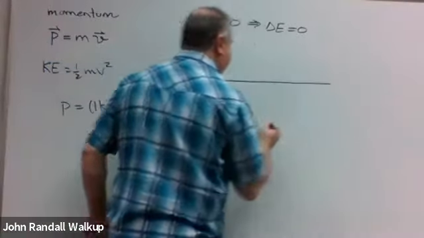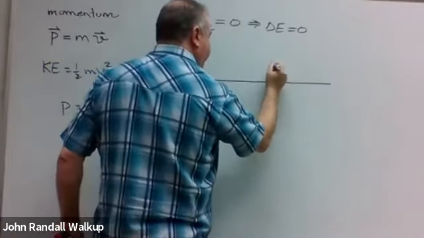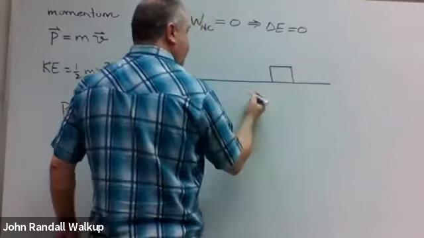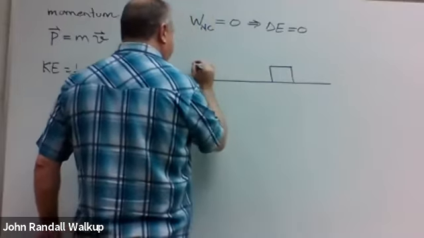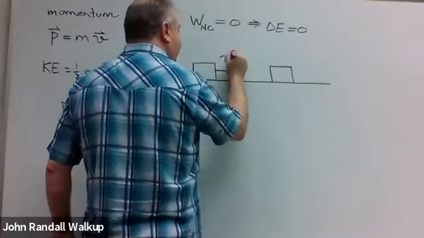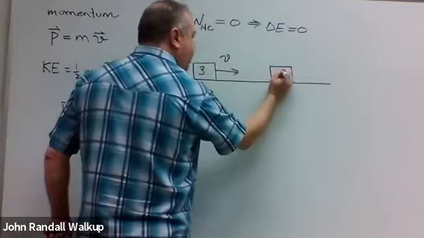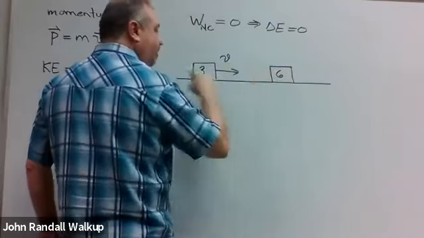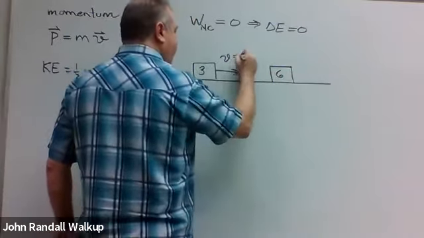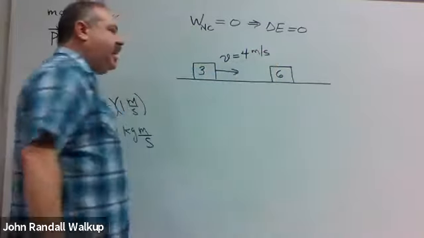What we're going to have is a body sitting here, and I'm going to hit it with another body. This body is going to be traveling at some speed v. Let's just go ahead and give these values: 3 and 6 kilograms, and the speed is, let's say, 4 meters per second.